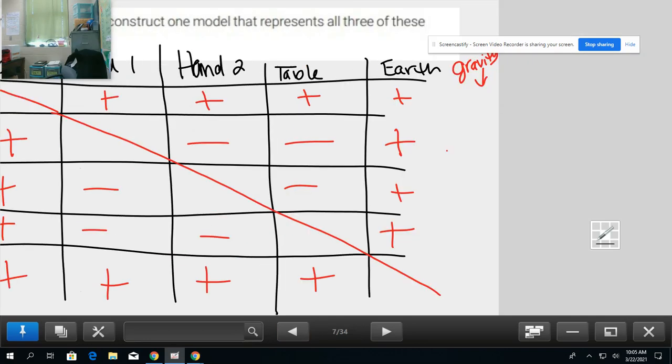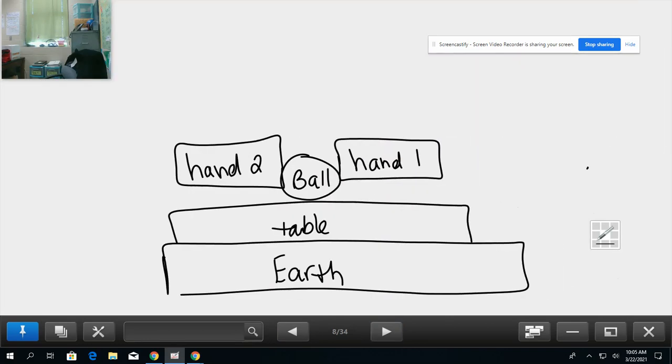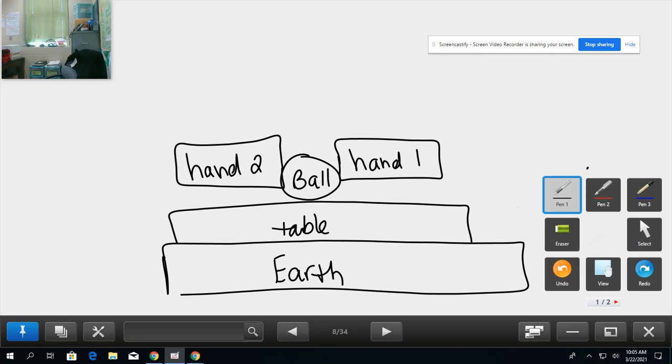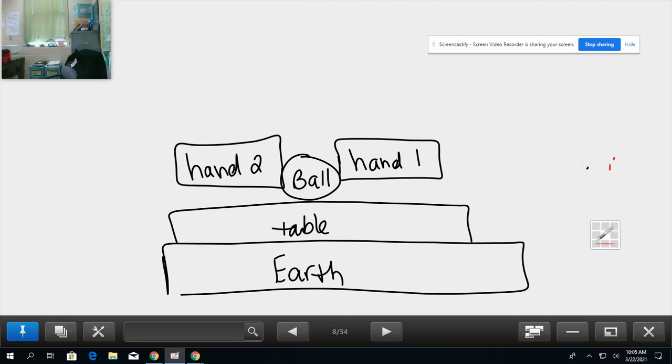So everywhere there's a plus sign here, I'm going to have a force arrow here. Remember, my force arrows are solid if they are in contact with each other, and they're dashes if they are forces that are working at a distance. So the hand and the ball are in contact, the ball and the hand are in contact for both hand one and hand two. The table and the ball are interacting with each other.